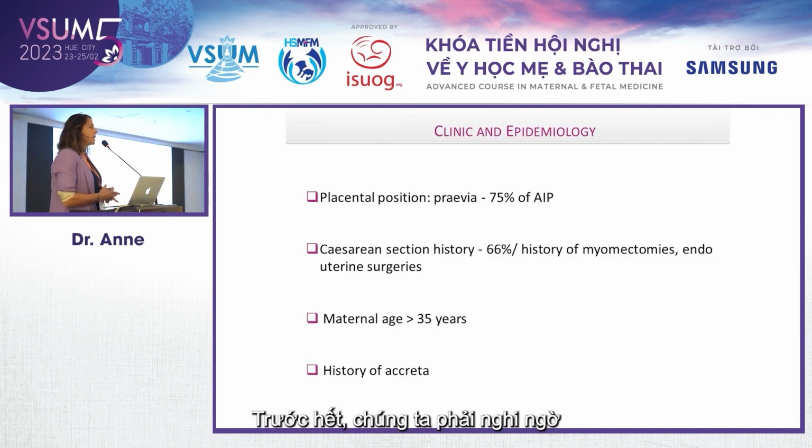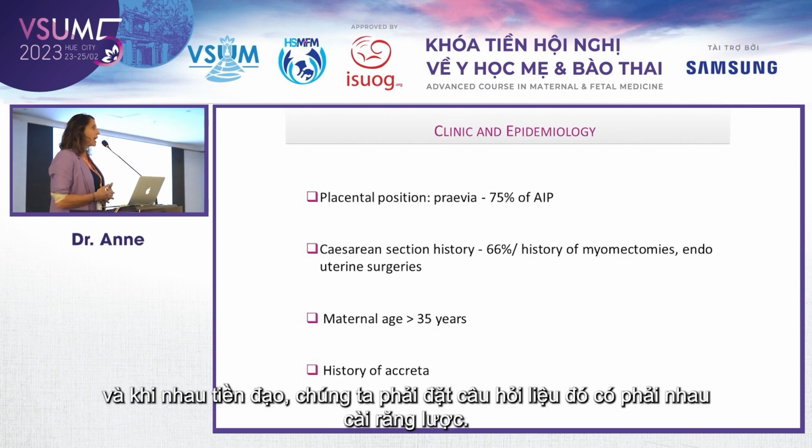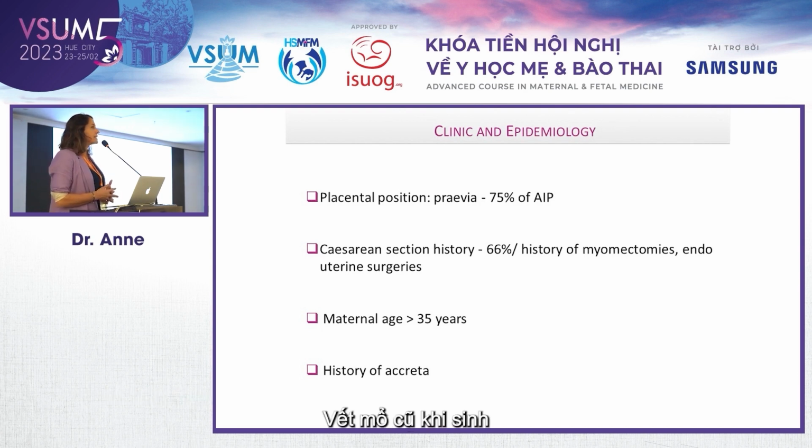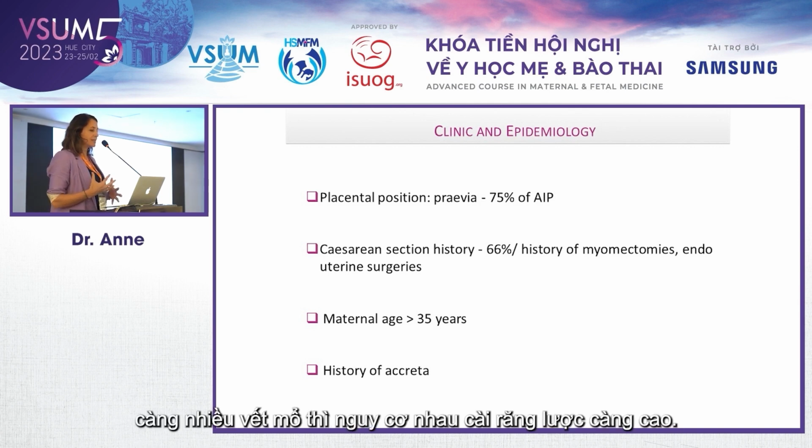First of all, we have to suspect placenta accreta under specific conditions. The placental position: when it is previa, we have to ask whether there is a placenta accreta or not. The caesarean section history: the more caesarean sections you have, the more risk of placenta accreta.